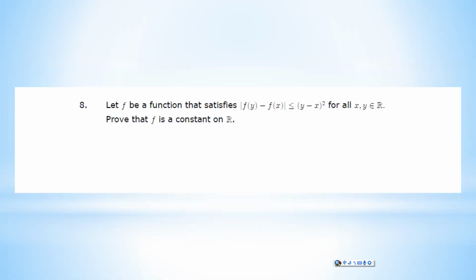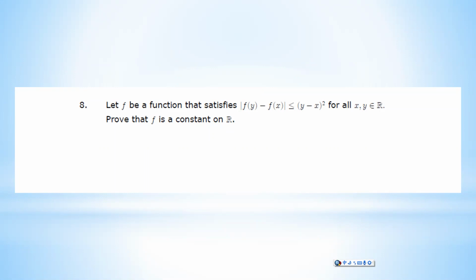Number 8 says that now you have a kind of control like Lipschitz continuity, but it's stronger than that. This means that for every x, y in R, I just give you a function without any assumption. f is a function, and besides that, this function satisfies this estimate and nothing else.